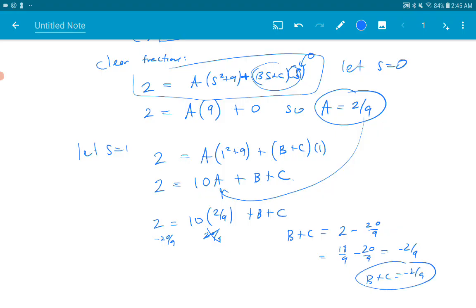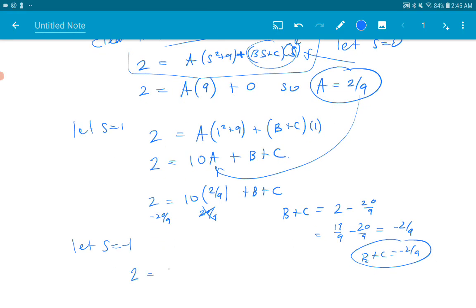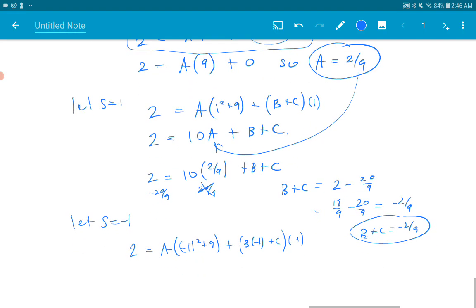So b plus c is minus 2 over 9. That's useful. If I can get either b or c, I could then go back and get the other one. What else could I plug in for s in this equation? Let's try s is negative 1. Seems like a perfectly convenient thing to plug in. Then I'll get 2 is equal to a times negative 1 squared plus 9 plus, in parentheses, b times negative 1 plus c, all times negative 1. So let's work this out.